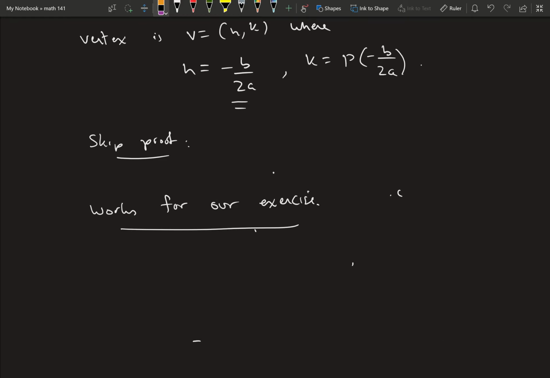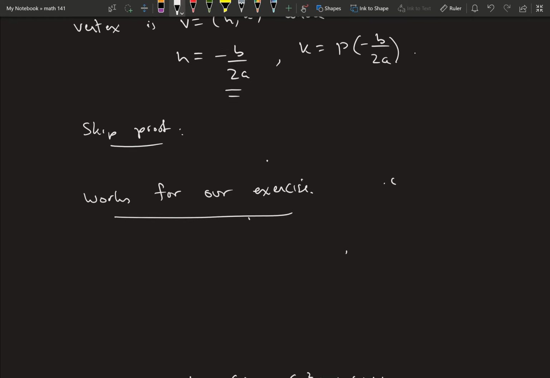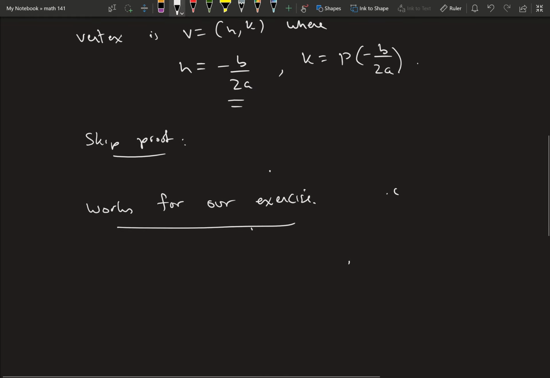So what was our example here? It was p of x is equal to negative 2x squared minus 8x plus 24.